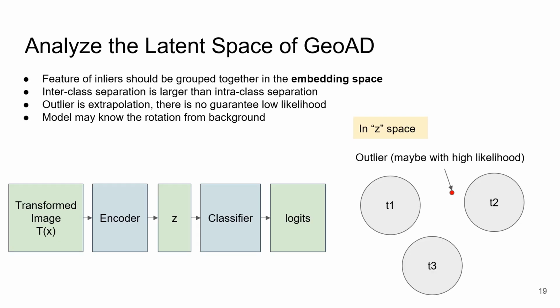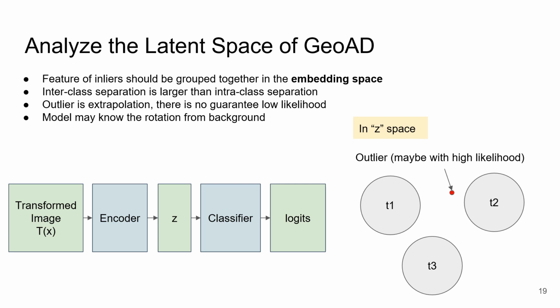First, we do a simple analysis on the latent space of geometric anomaly detection. Here is our observation. Features of inliers should be grouped together in the embedding space, the Z space, and inter-class separation is larger than intra-class separation, right?